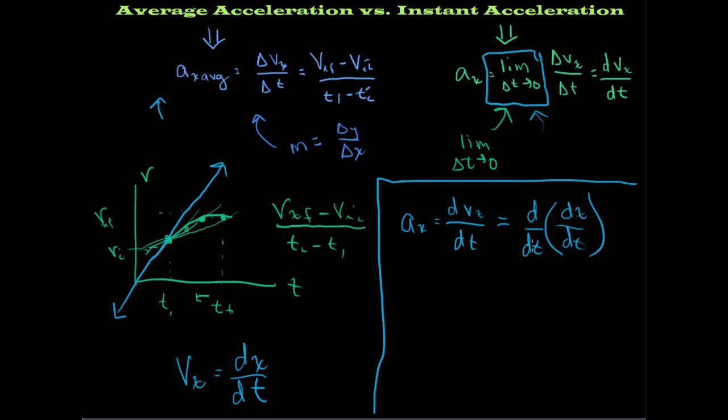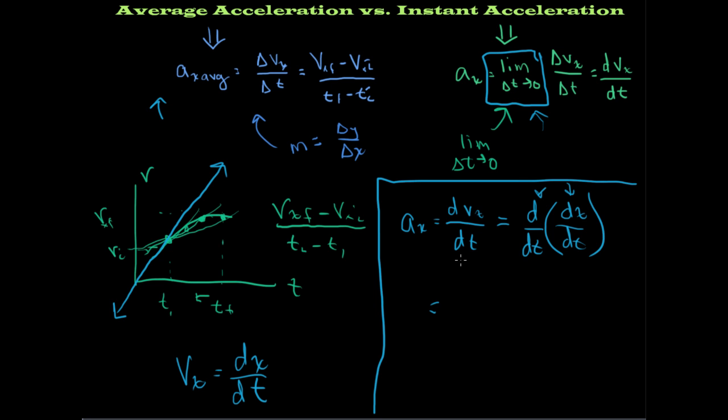Well, what is that? That's a second derivative operation on top of the first. So for acceleration, if you're still working with the first equation, which deals with displacement and time, and you take the derivative of that, you get the instantaneous velocity.